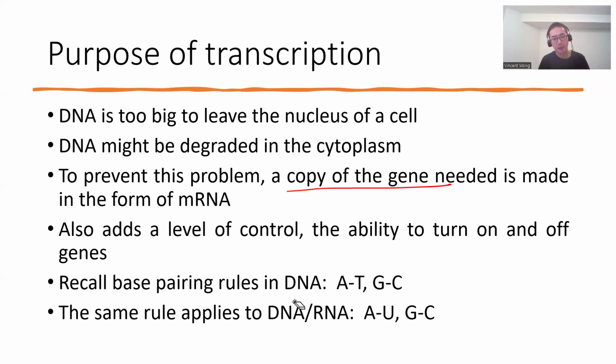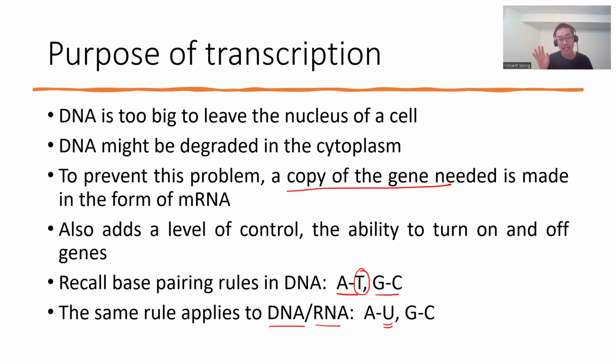So recall the base pairing rule. A goes with T, G goes with C. You know that already. That's between DNA and DNA. But it turns out DNA can also pair with RNA, with one key exception. Where there is thymine in the DNA, we are replacing it with uracil.